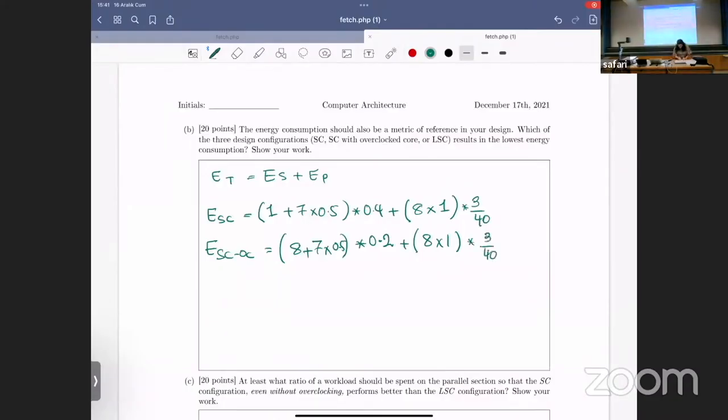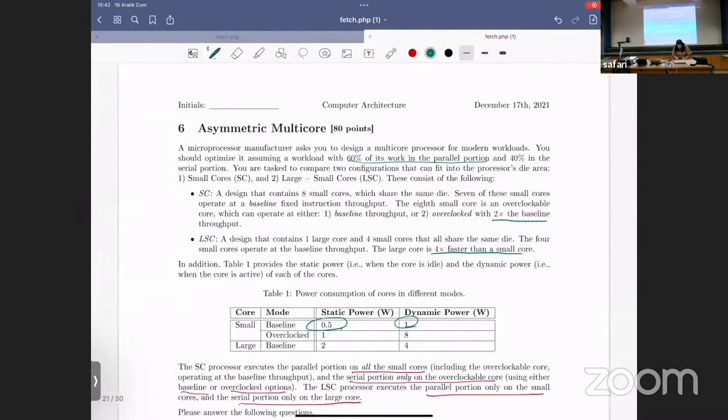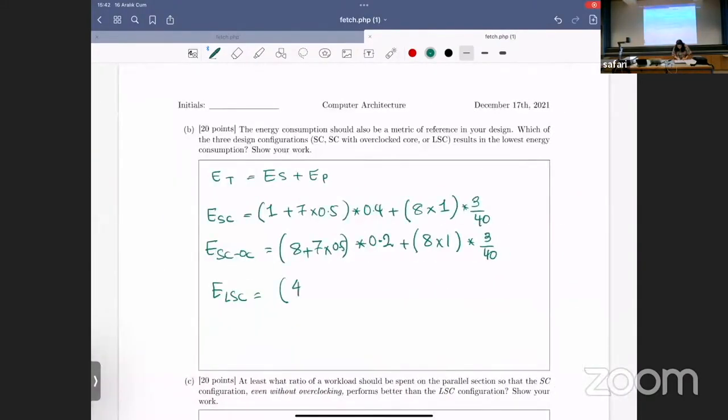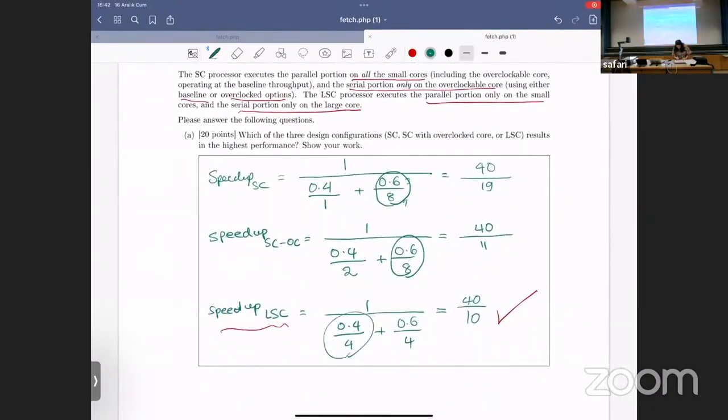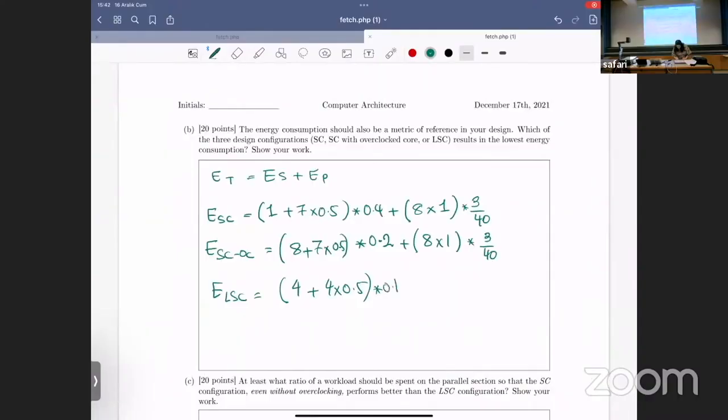Let's see what happens here. In this part, we have this bigger core running, 4 plus, but we had 4 small cores in this case. So we have 4 multiplied by 0.5, and this would be 0.1.